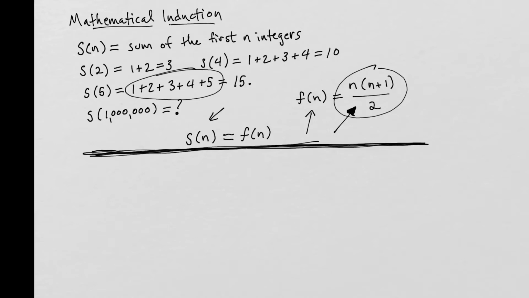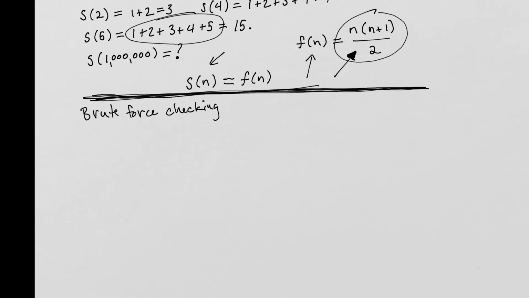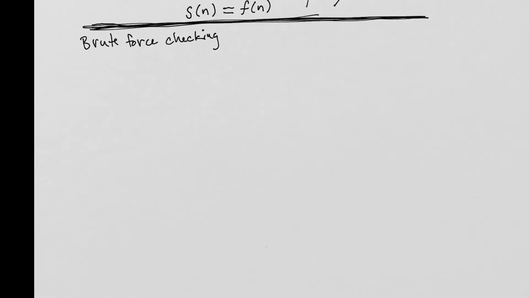So let's start brute force checking. I'm going to calculate both S of n and f of n and check, are they the same? So my S of n calculation will be here, my f of n calculation will be here, and are they the same? The answer will be over here.